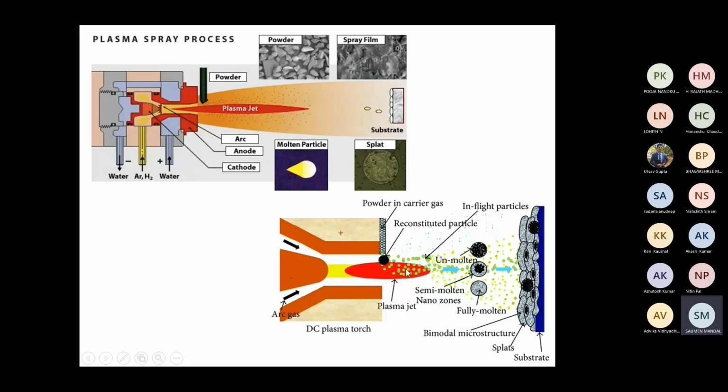Whatever powder comes is an in-flight particle. Some particles are unmolten, some semi-molten; inside may be not melted but outside melted, and some fully molten. All these particles come and sit on the substrate at high temperature, so they immediately make a very strong bond with neighboring particles or with the substrate. Okay, so that is the plasma spray.